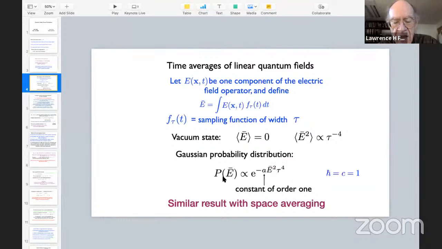And of course, this Gaussian result is tied in with the well-known fact in quantum mechanics that the ground state of the harmonic oscillator in the Schrödinger representation is a Gaussian function. If you have a harmonic oscillator, the probability distribution of finding different values of the displacement or the momentum of the operator falls off as a Gaussian of those variables. But we'll see in a moment that when we go from linear fields to quadratic fields, things change dramatically.